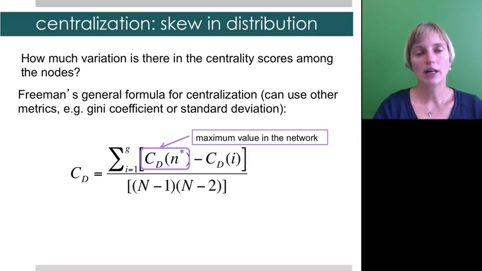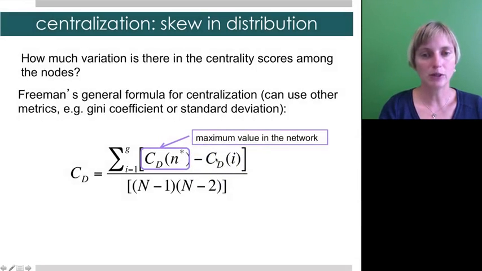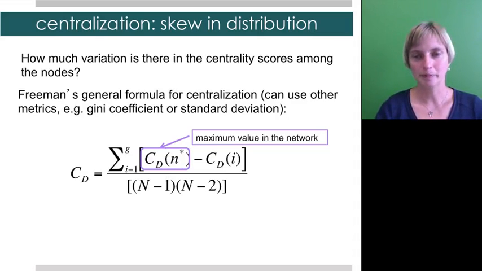There's also Freeman's general formula for centralization, and what you look at there is you sum over all the nodes, you take the maximum value that you observe in the network, you subtract the centrality of that particular node, and you do this for all the nodes, and then you normalize by this number of pairs, right? And it's just one lower because you get zeros for the node that has the highest centrality.